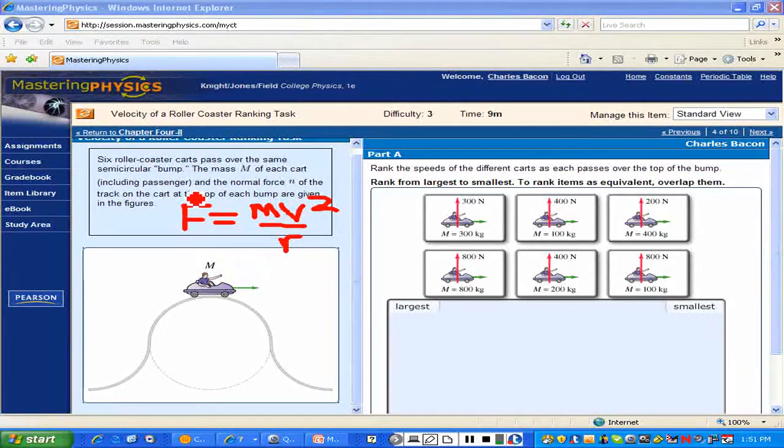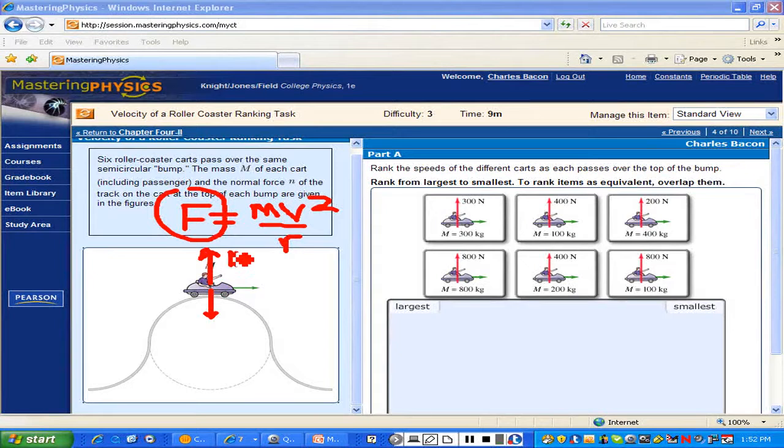Now, as always, the left-hand side is, what are the forces acting on the mass? And immediately we can see, if we look at our picture, we've got the weight acting downward and the normal force acting upward.